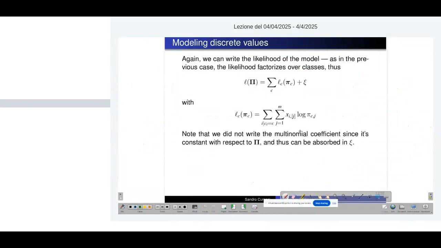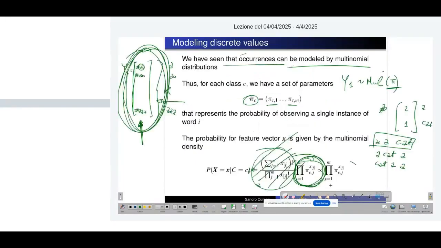Now, if we were to build the log likelihood model for this new task, given a document i for class C_i, the likelihood for a document would be the logarithm of this expression. This is the probability of word j in class C to the power of the number of times I observed word j. That's the multinomial distribution. If you don't remember the multinomial distribution, go back to it.